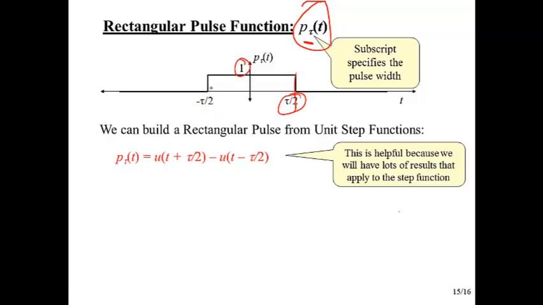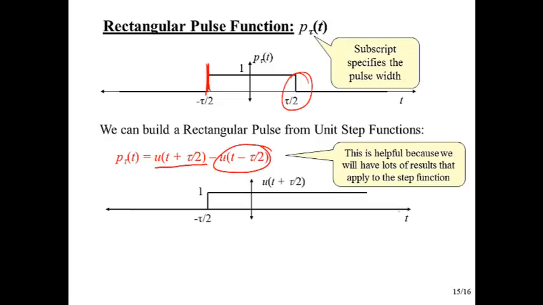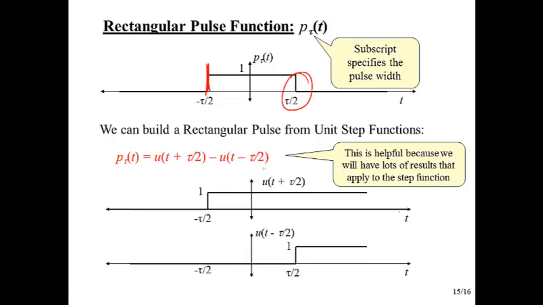Now we can build that very easily from unit step functions, and we just have to take a unit step that turns on here and then subtract off one that finally turns on over at this time. And so there is the one that turns on. So that's the first function, and then that's the second one. And what we're going to do is subtract these two things.